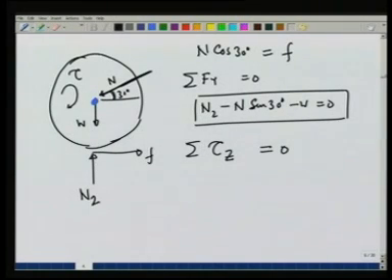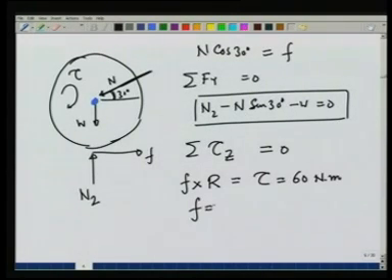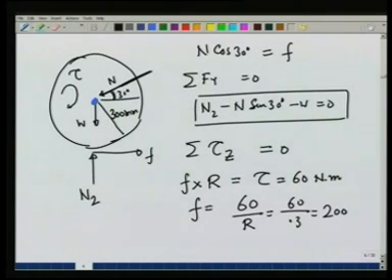That is the advantage of taking torque about this point, and therefore, I would have F times the radius of the wheel is equal to tau applied, which is 60 newtons per meter, and therefore, F is equal to 60 over r. The radius r is given to be 300 millimeters. Here we will write this in meters. So, this is going to be 60 over 0.3 is equal to 200 newtons.